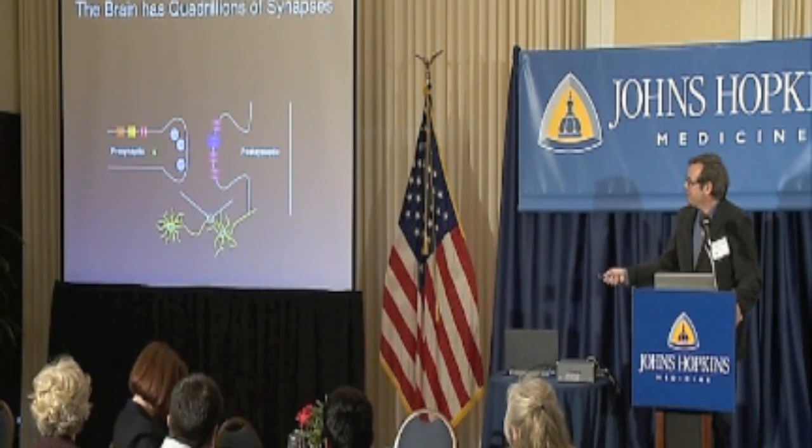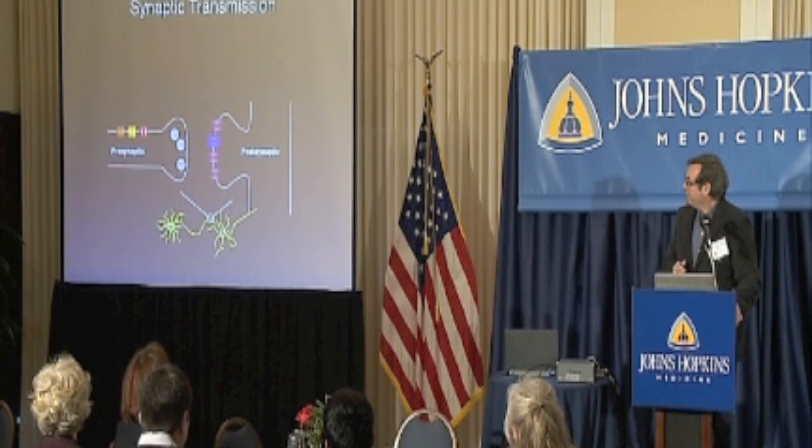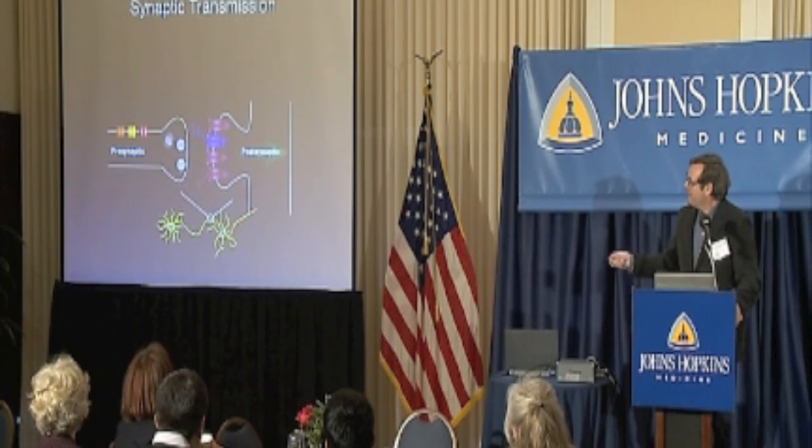And so the action potential comes down, the electrical signal comes down here, and converts this signal into a chemical signal. It releases neurotransmitters. And then these neurotransmitters diffuse across the synaptic cleft, the gap between the two cells, activate neurotransmitter receptors on this side, which then convert it back into an electrical signal.